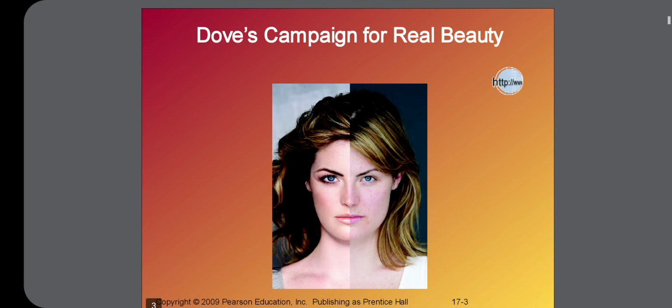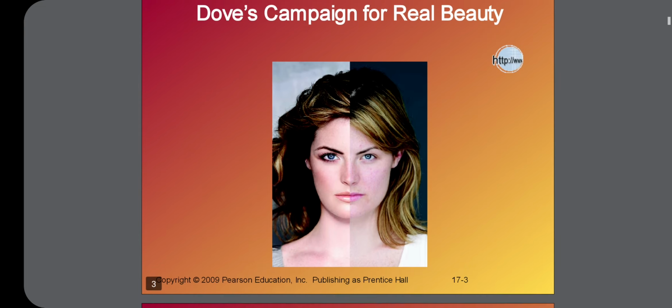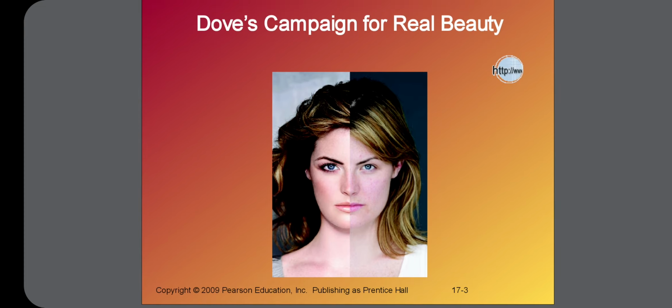Okay, so when we talk about your integrated marketing communications, basing it on the presentation, we have the Dove's Campaign for Real Beauty. If you try to observe, we have this form of advertisement presented, wherein you have a comparative form of advertising.